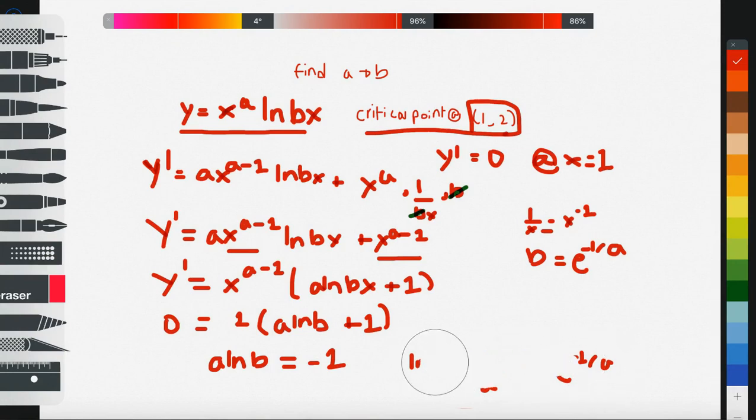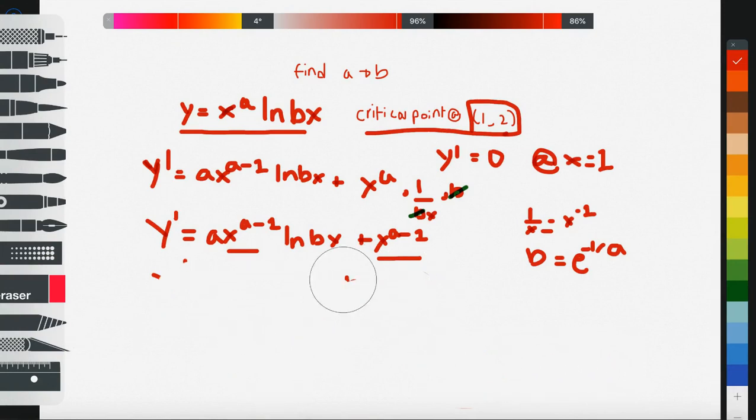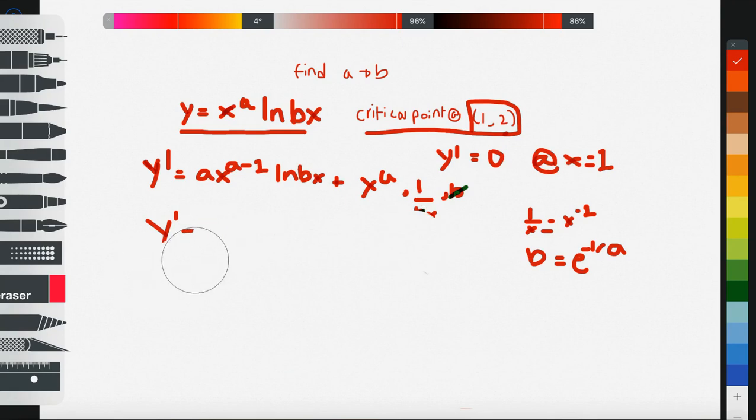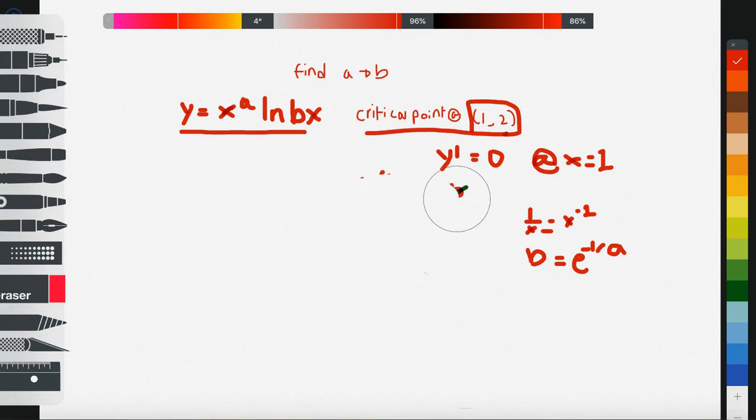When we get one of these equations that asks us to find a critical point, you have to remember that this point is also on the actual graph. So you can actually plug that back in.